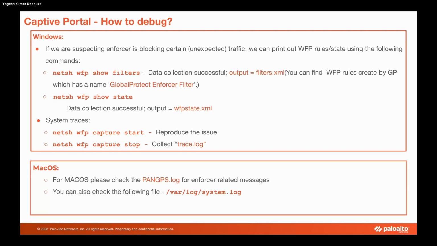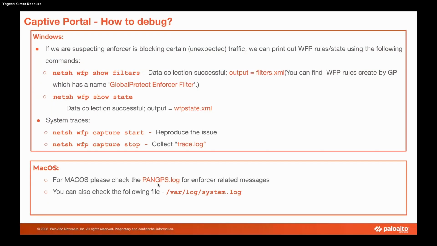And that can be done in a way where the user would need admin access, and they can do a WFP capture start, reproduce the issue. So, either refresh the GP, which will restart that process, and then the enforcer is supposedly blocking those connections. Then stop the capture and then collect that trace log.